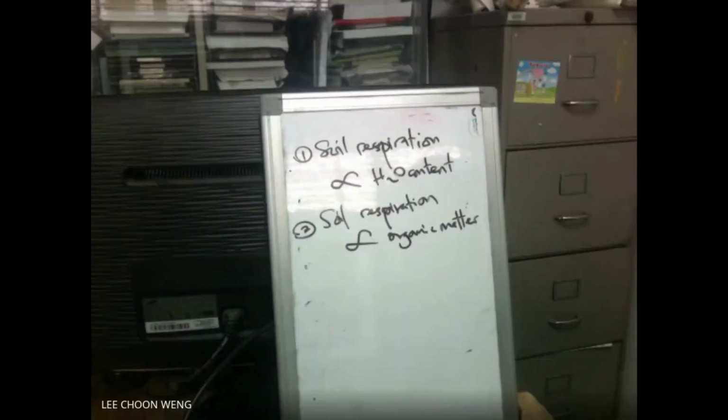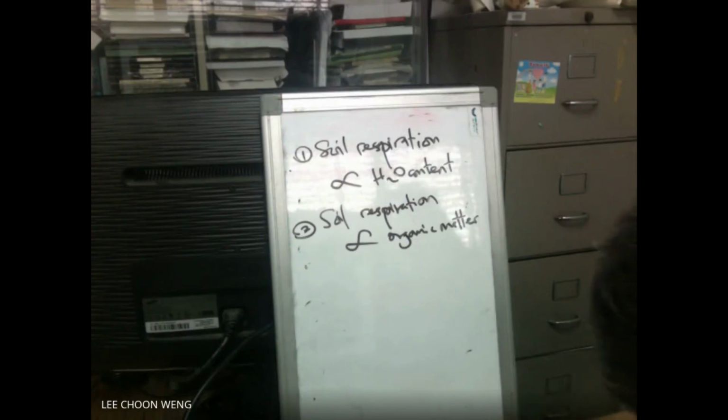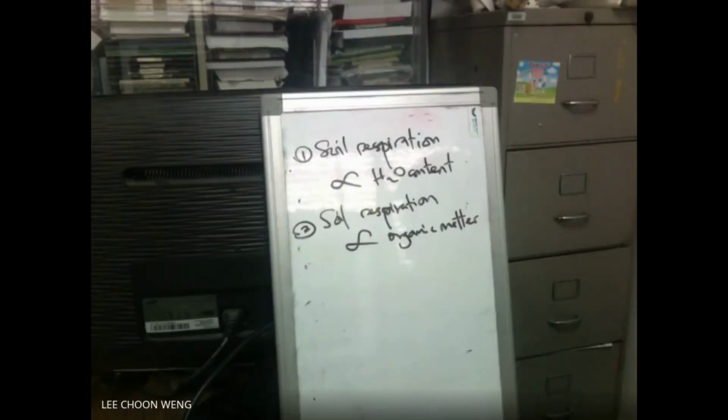Anyone? Statistics. First year, biostat. Anyone? No? ANOVA tells you whether your samples are different, but it doesn't tell you relationships.